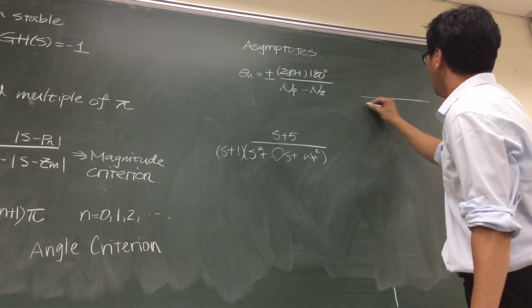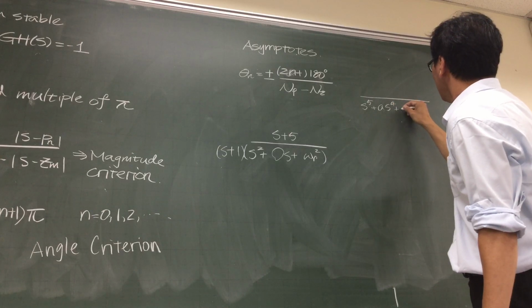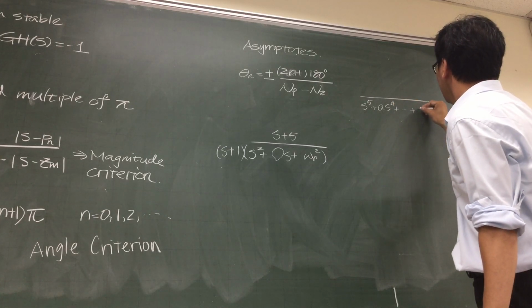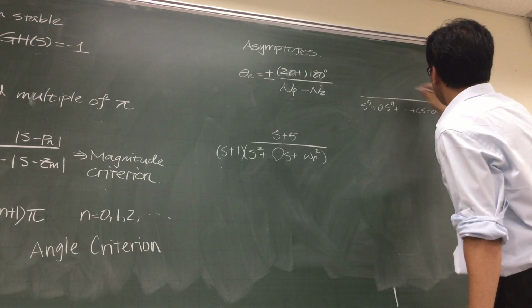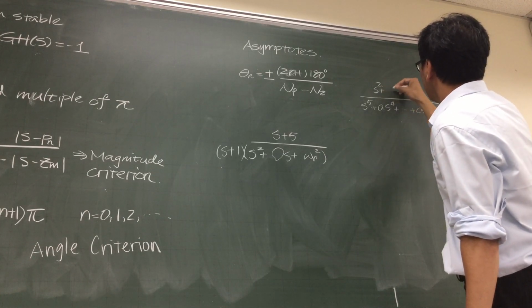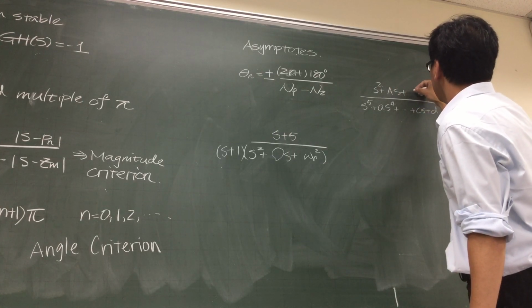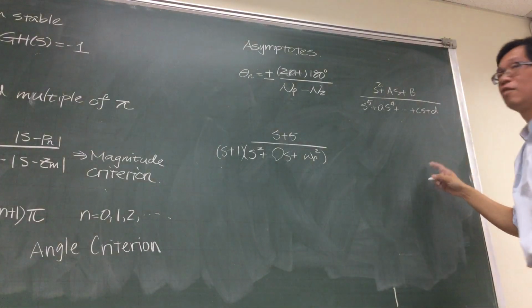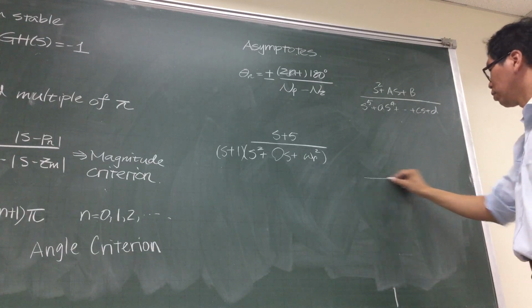So if you say I have S, how many poles do we have? 5. How many zeros do we have? 2. So what are you looking at?